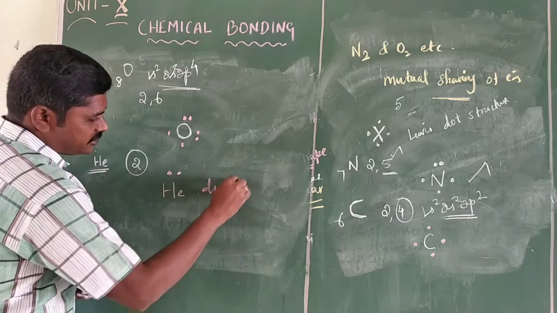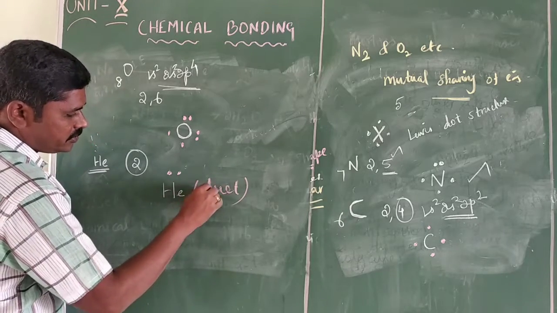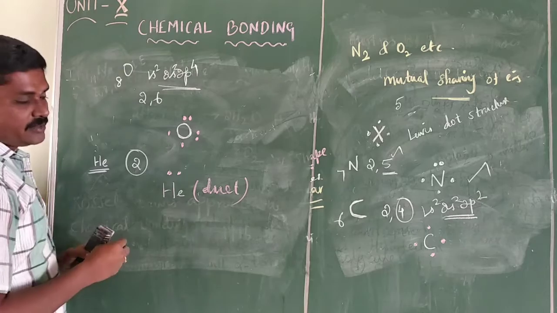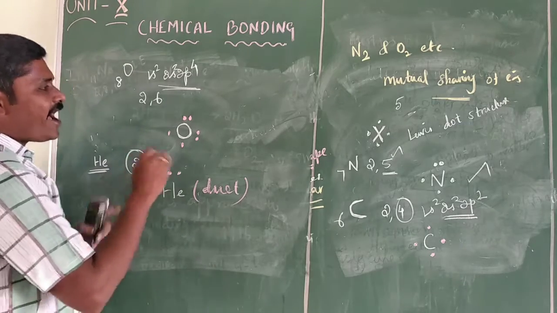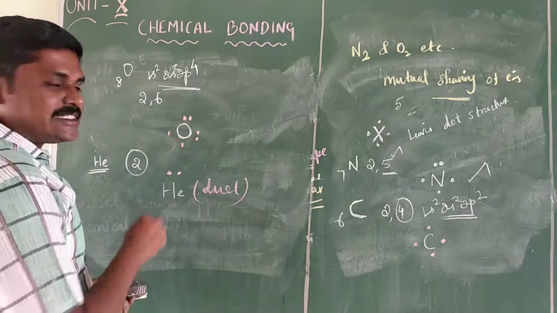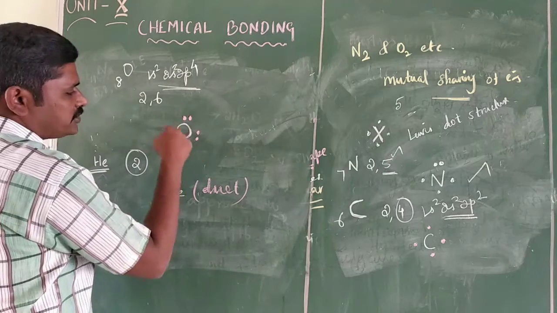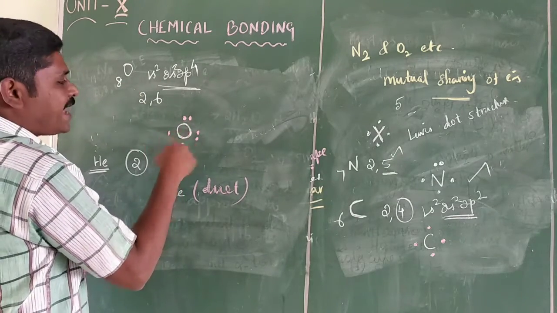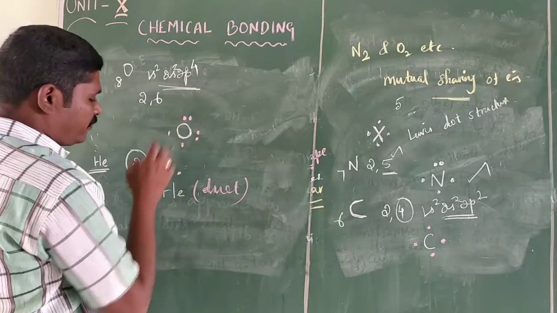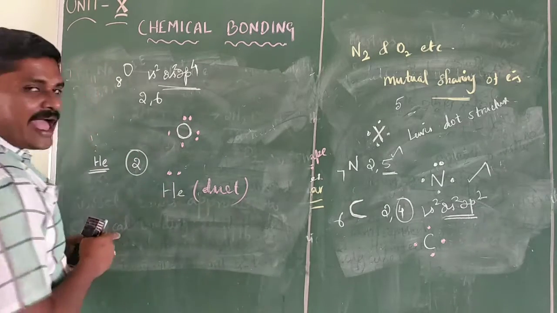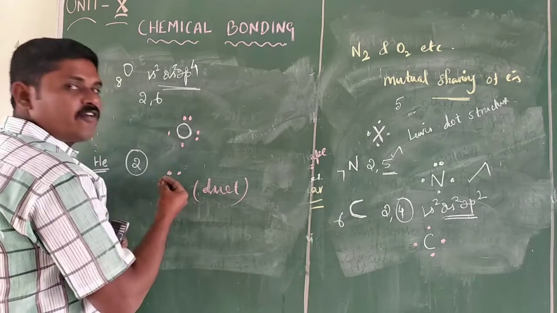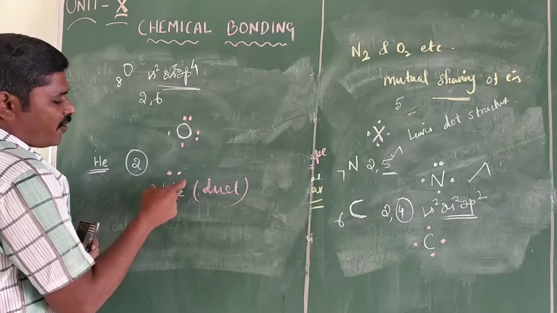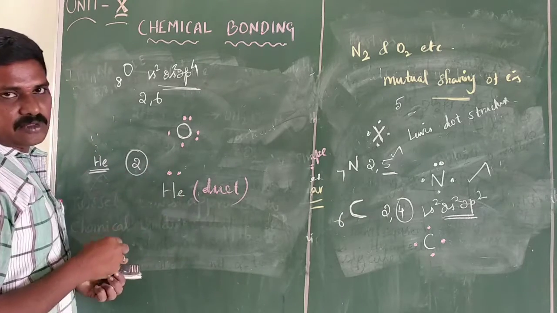So duet. It's a duet structure. In other atoms, single dot electrons are placed first, then paired. But helium having the pair of dots, a duet structure.